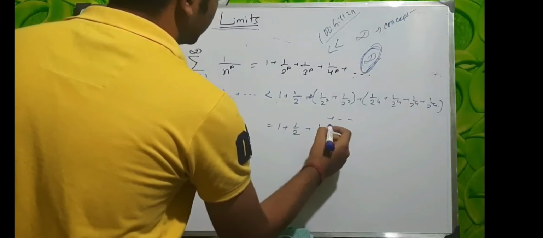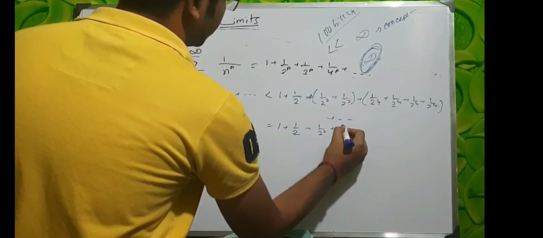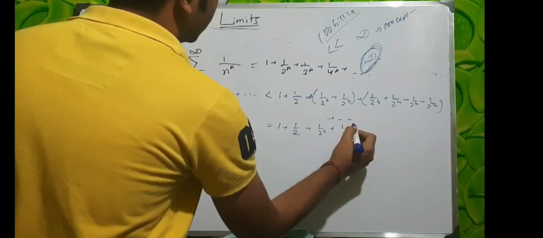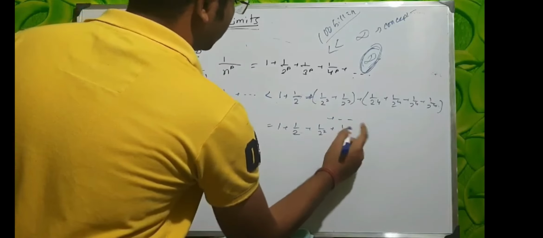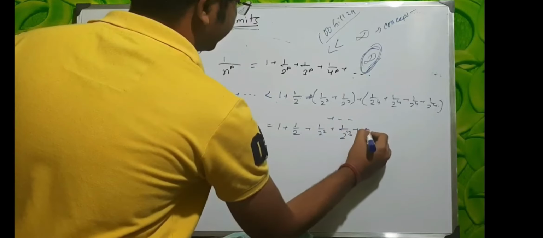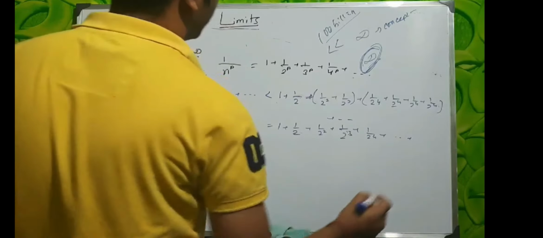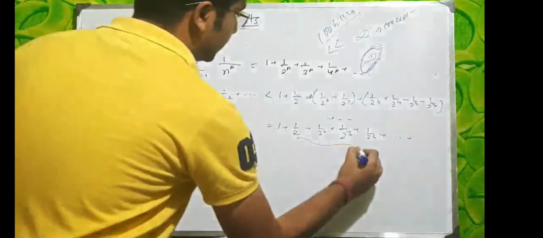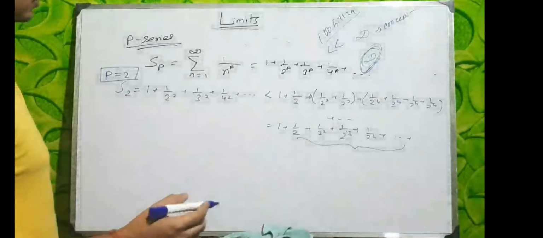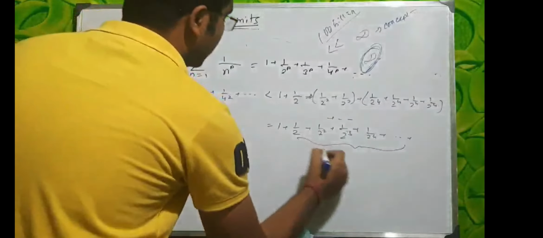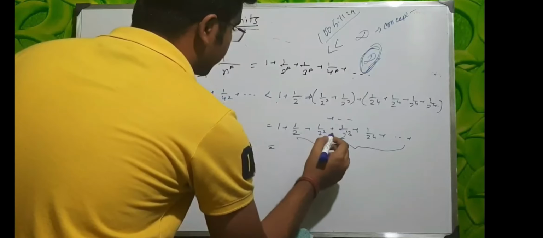This is a half, we have 1 over 2 squared, 1 over 3 squared. So this is a GP, right? This goes on and on. This is a GP, geometric progression. We know this GP very well.